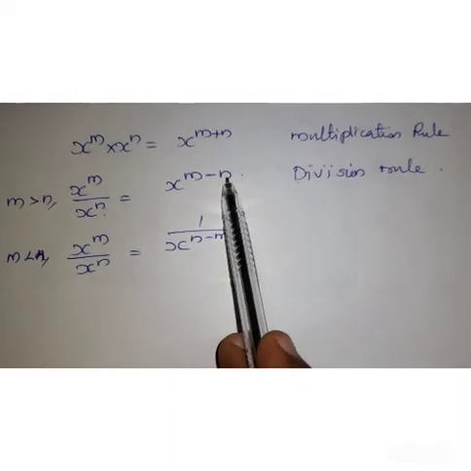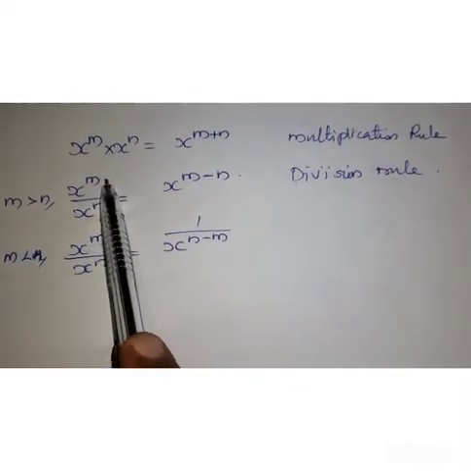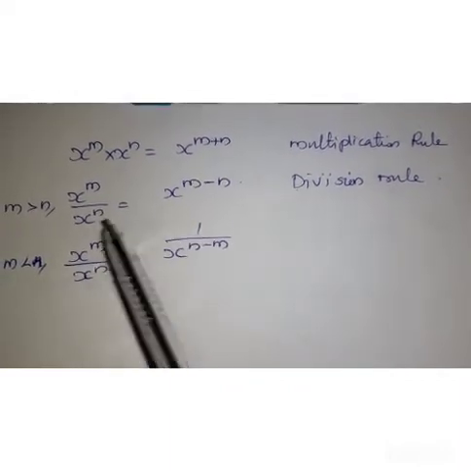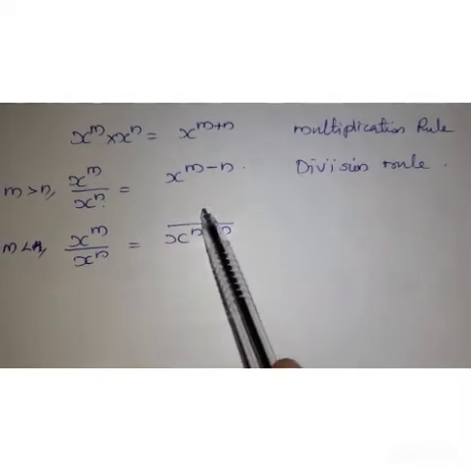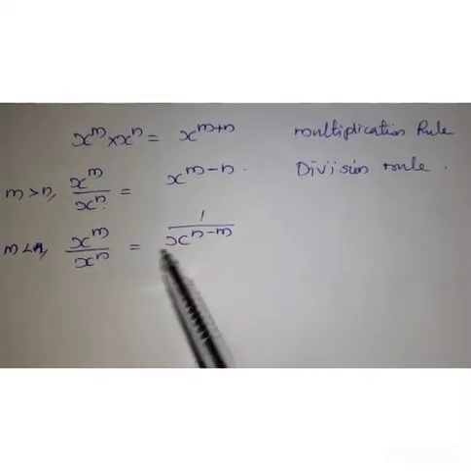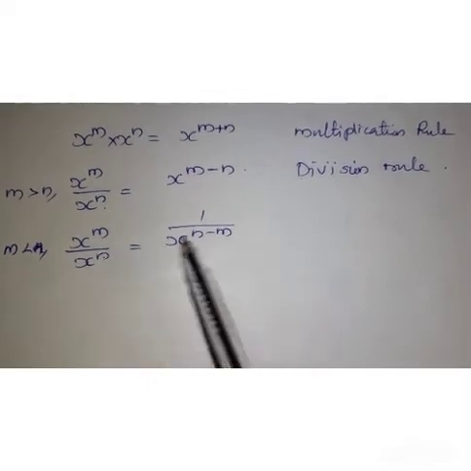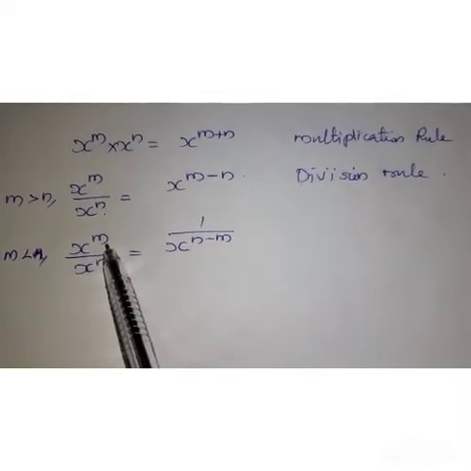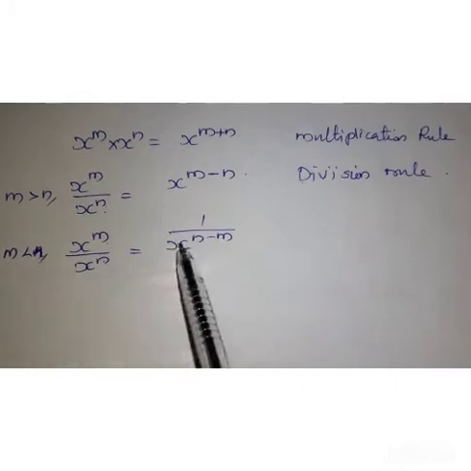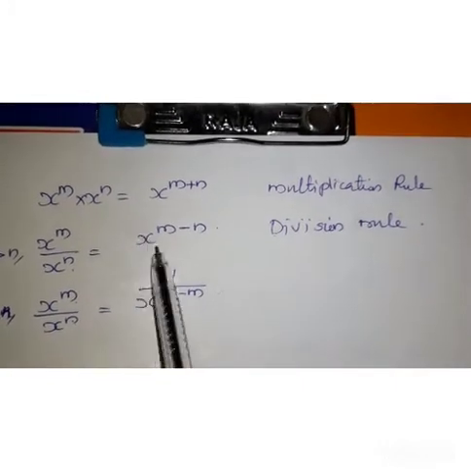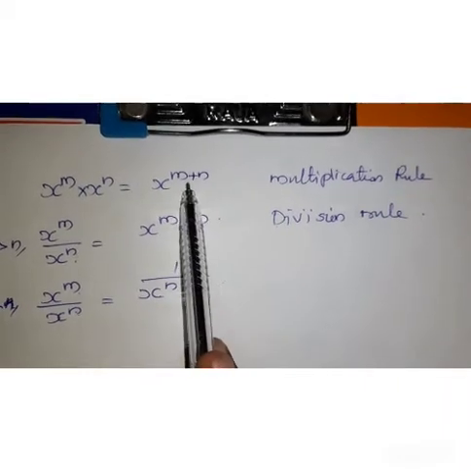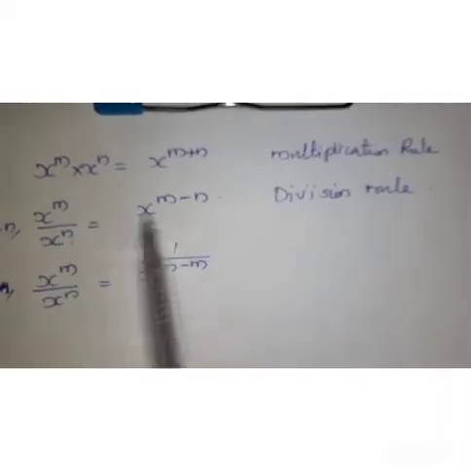This is only for the case m is greater than n. But if m is less than n, we take the reciprocal: 1 by x raised to n minus m. Normally, these are the two equations. Multiplication is addition and division is subtraction.